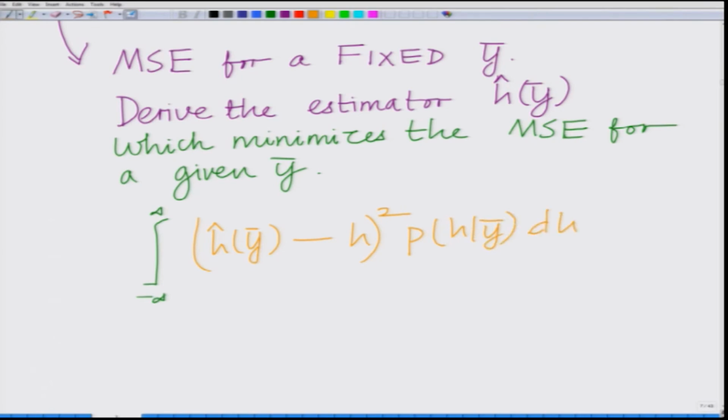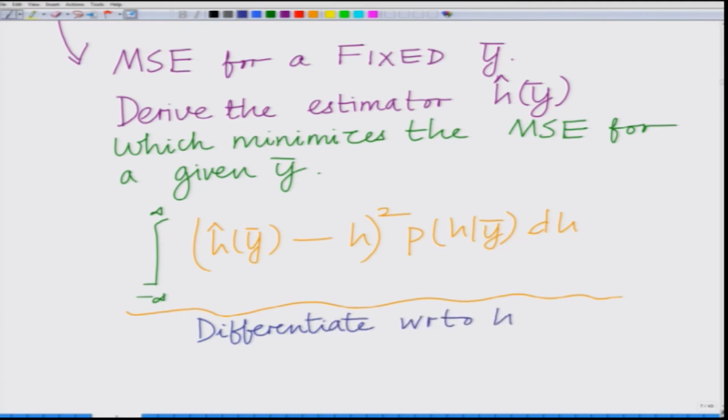To find the h hat of y bar which minimizes the mean squared error, we simply differentiate this with respect to h hat and set it equal to 0.